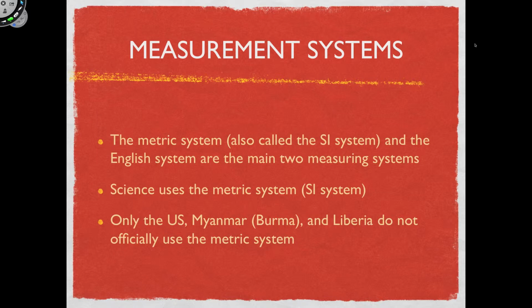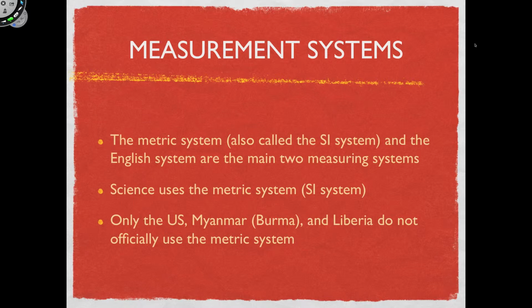There's only a few countries that haven't officially adopted it, and we are one of them, along with Myanmar and Liberia. The entire rest of the world uses the metric system more than any other measuring system, except for these 3 countries.